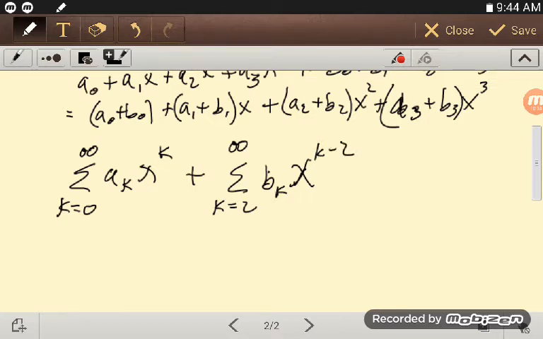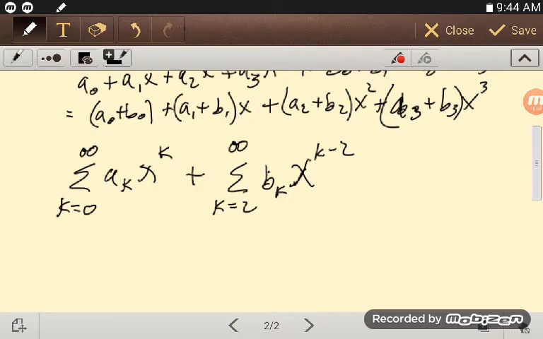Well, we have to get those exponents to match, and usually I try to make them all k's as opposed to all k minus 2's. But technically I could make them all k minus 1's. I could go to k plus 5 if I wanted, but they have to be the same.